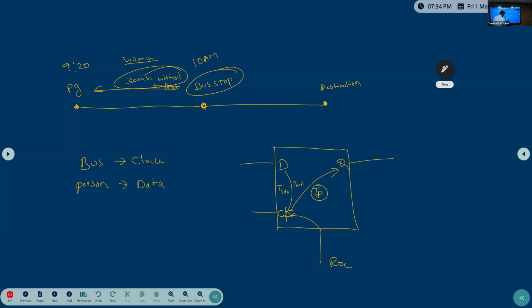These will be two types: one is recovery, one is removal. Recovery and removal, two timings will be there, the same as setup and hold times. The definition will change a little bit, which we'll discuss when we start STA.